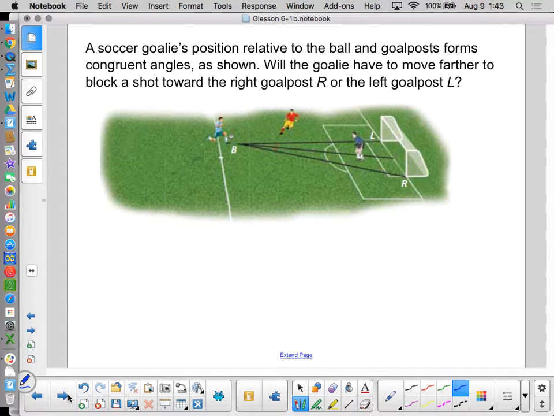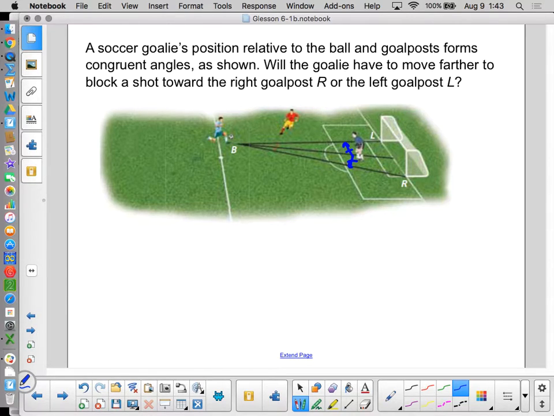Again, he is on the angle bisector. If he's on the angle bisector, it means he is equidistant from both sides, that these two are congruent. So he has to move the same distance left or right to block a shot that would be on frame.